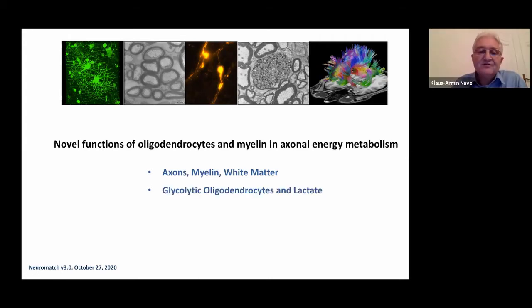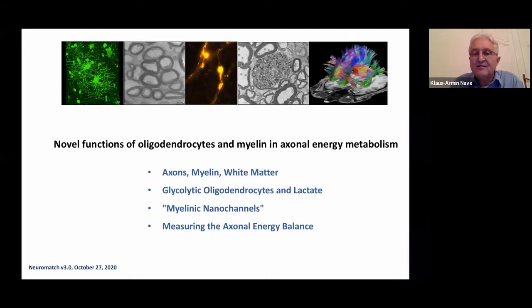Then I would like to introduce you to the concept of glycolytic oligodendrocytes and the role of lactate. I will convince you also that the so-called myelinic nanochannels are very important for the maintenance of our structures, that we can measure the axonal energy balance of myelinated axons in real time. And I would like to discuss something which we think is extremely exciting, namely, is myelin itself an energy store?